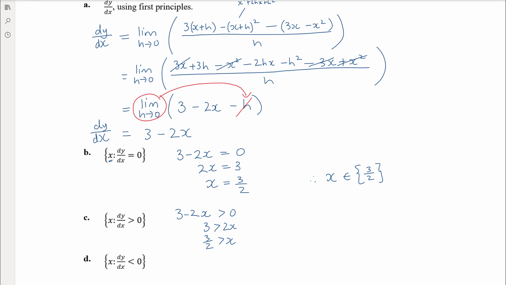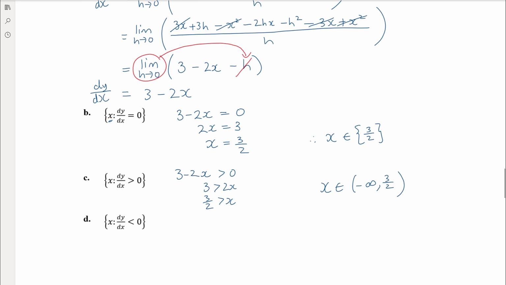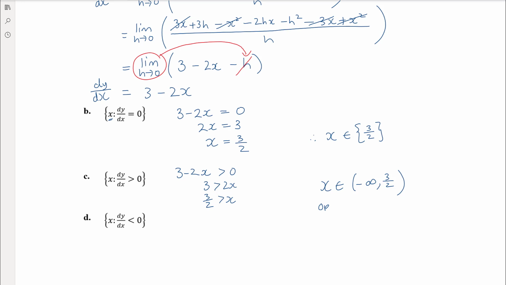So again, thinking about a set, x is an element of the interval from negative infinity up to 3 on 2, not including 3 on 2. If you want to write that as an inequality, you would need to say we're going to have the set of x values such that x is less than 3 on 2.